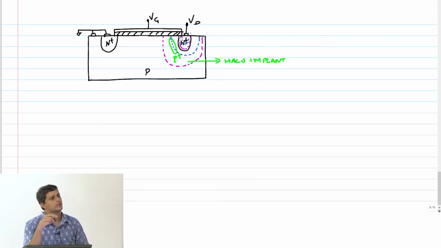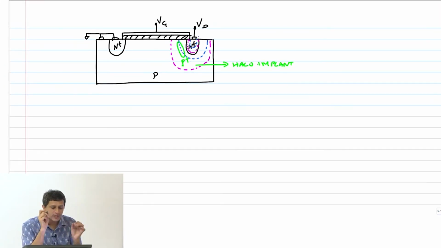Okay. Now the question is, is it enough if I do this only on the drain side? Why? Yeah? But the catch is, physically if you look at this structure of a transistor, they are actually reversible terminals.